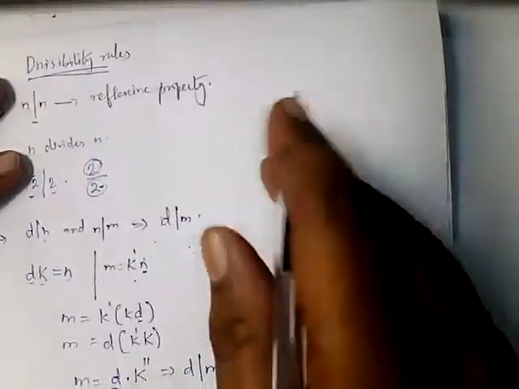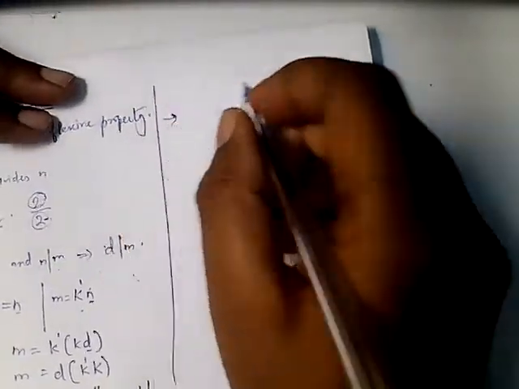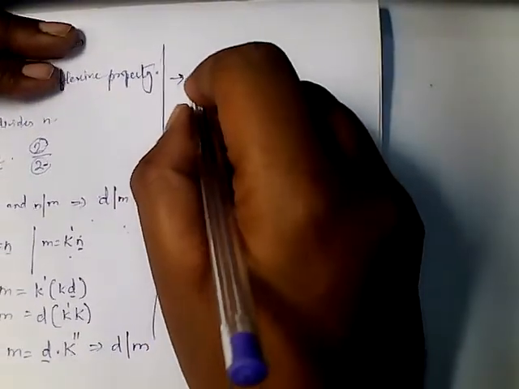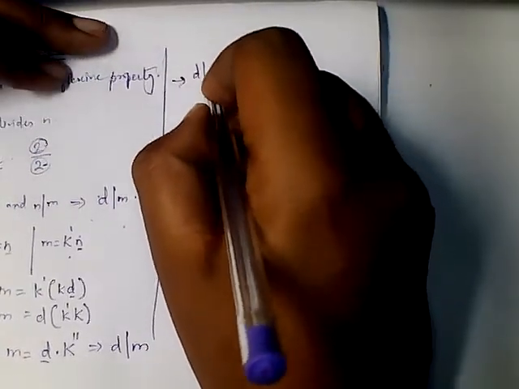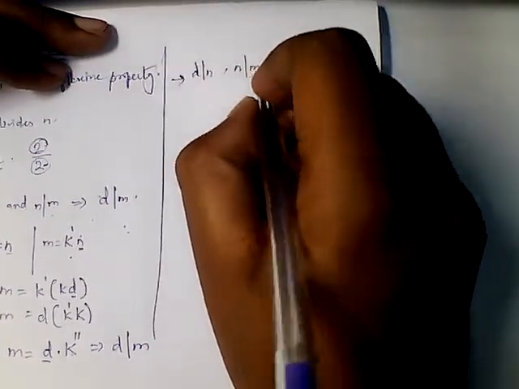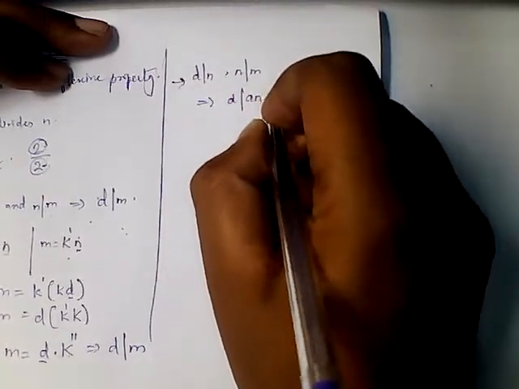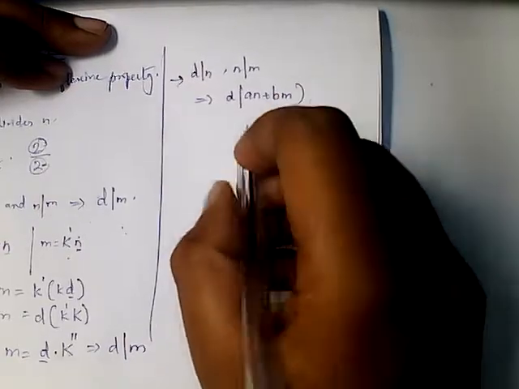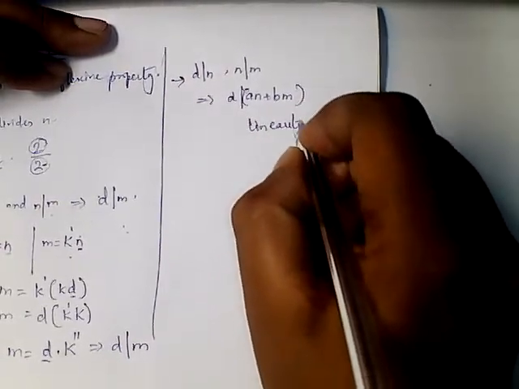One more thing that I want to add here is another property, which is easy and used many times: if d divides n and d divides m, that implies d divides an plus bm. We call this property linearity.